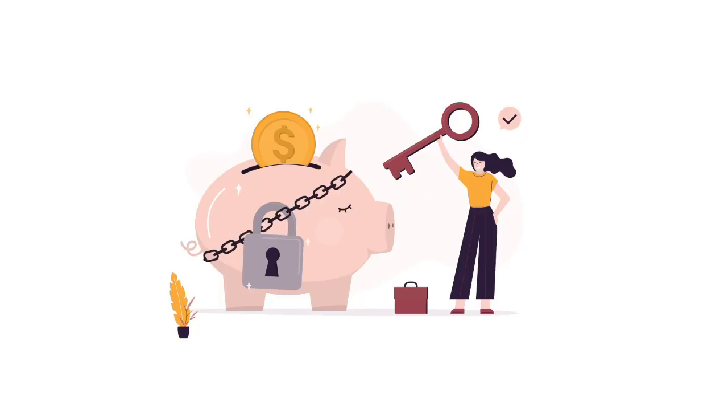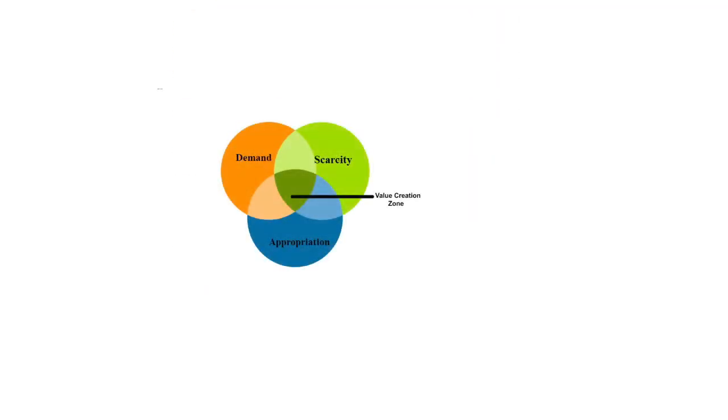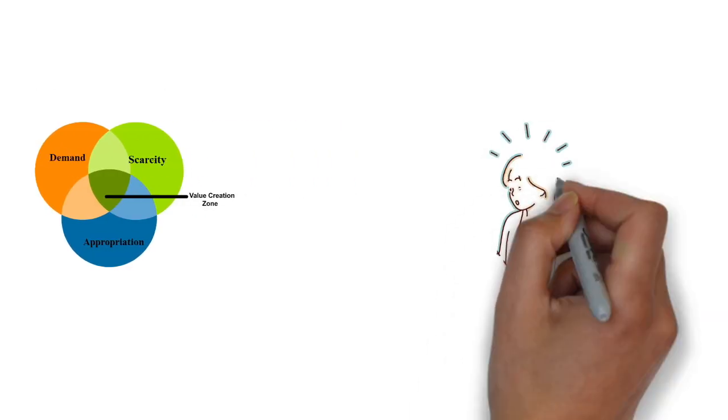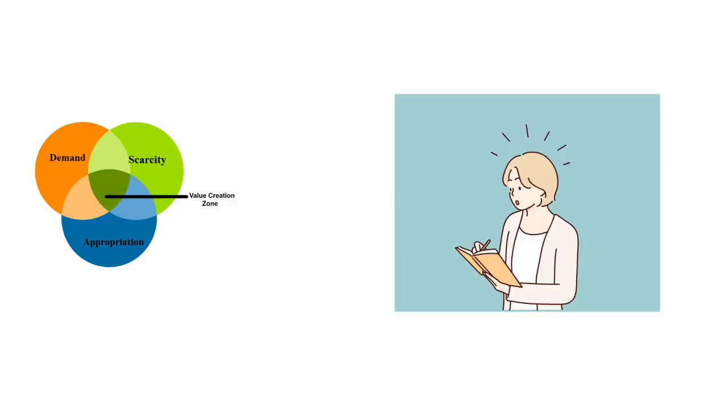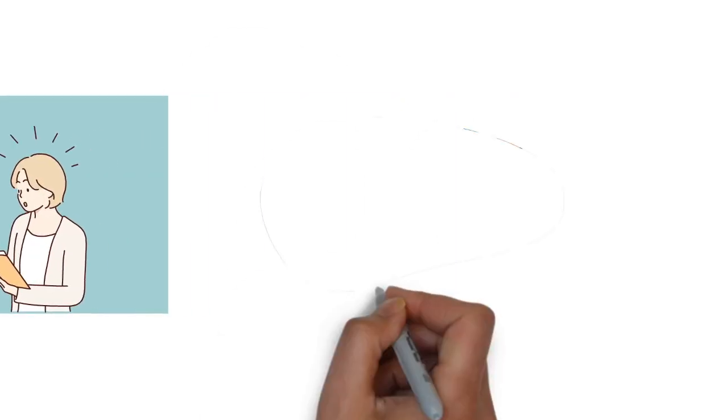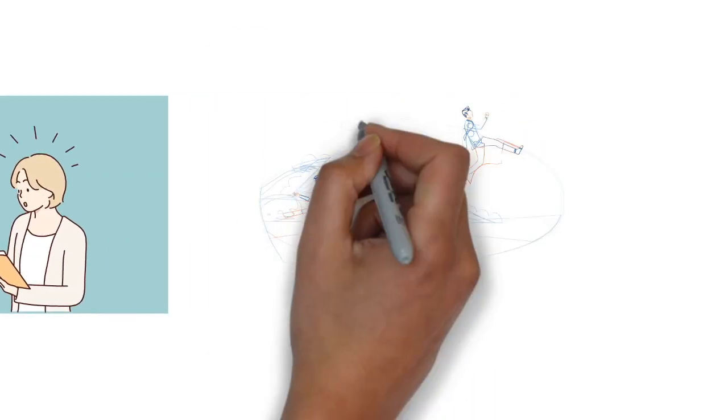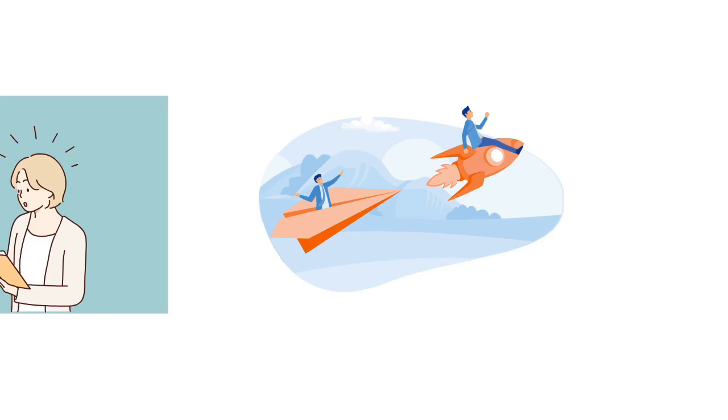Appropriation has to work in your favor. And so Collis and Montgomery say that that intersection of the demand, scarcity, and appropriation questions is what they call the value creation zone. If you've got a good answer to all 3 of those questions, then that resource can generate a sustained competitive advantage for you. Otherwise, it probably won't be able to.